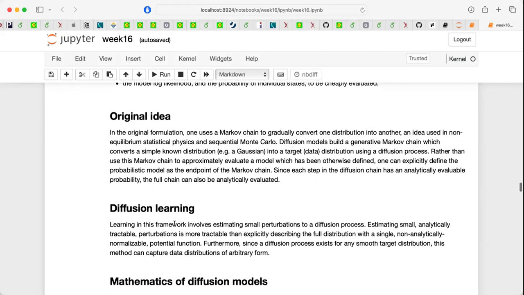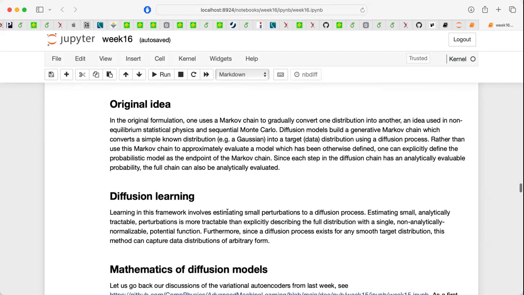So learning in this framework actually means estimating small perturbations to a diffusion process, and estimating these small analytically tractable perturbations is actually more tractable than explicitly describing the full distribution with a single non-analytically normalizable potential function. Now, furthermore, since the diffusion process exists for any smooth target distribution, this method can capture data distributions of arbitrary form. This sounds almost too good to be true.